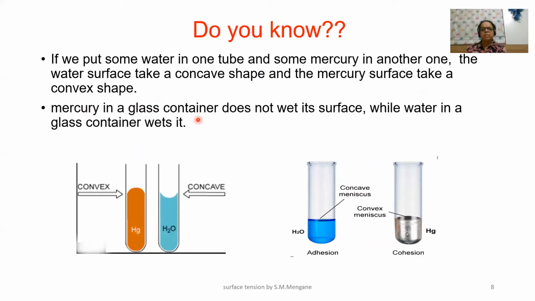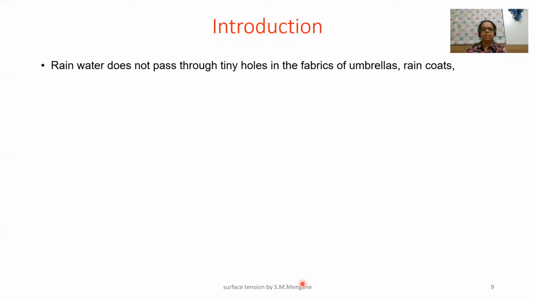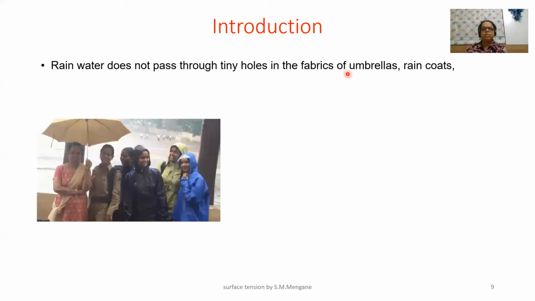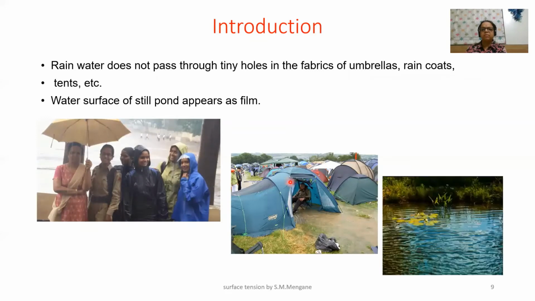Mercury in a glass container does not wet its surface while water in a glass container wets it. Rainwater does not pass through tiny holes in the fabrics of umbrellas, raincoats, tents, etc. The water surface of a steel pond appears as a film.